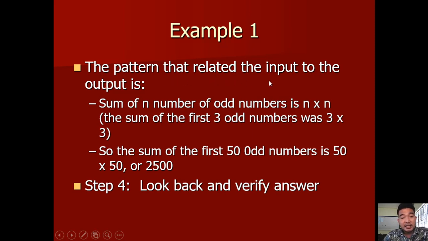The pattern that relates the input to the output is: the sum of n odd numbers is n by n. N by n meaning if you have 1, then you multiply 1 by 1, you'll have 1. If you have 4, then you multiply 4 by 4, then you'll have 16. That's the sum. The sum of the first 3 odd numbers was 3 times 3.